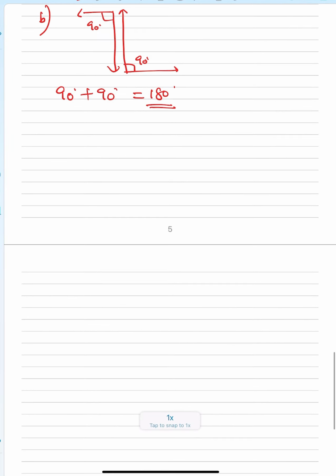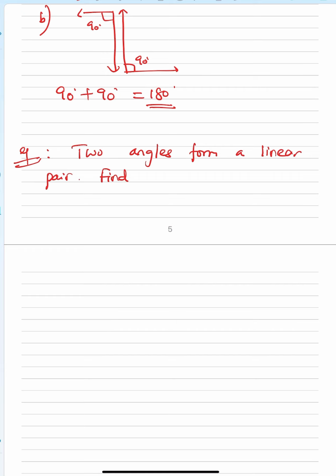Now one more example let me take: if two angles form a linear pair, then find what type of angle is one of them.